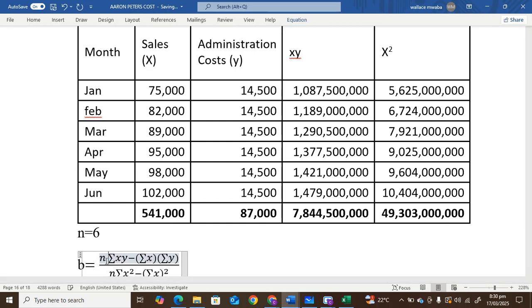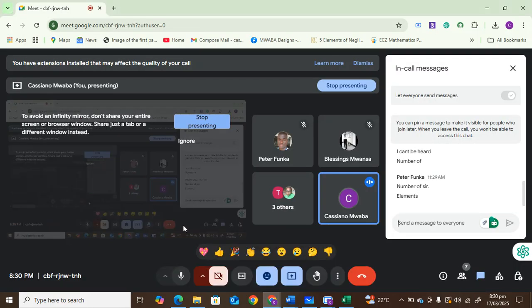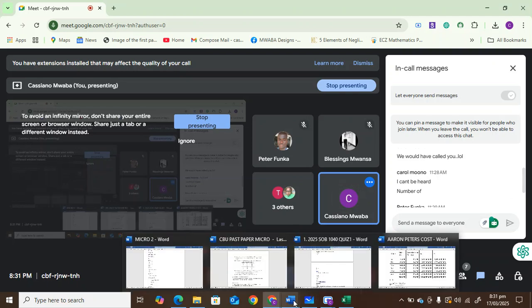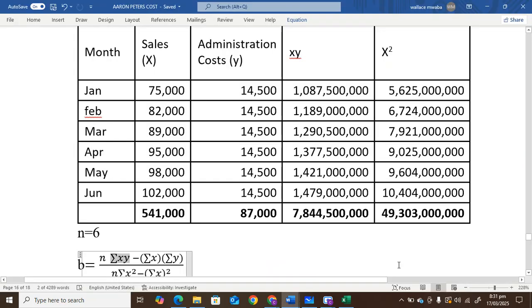Here is where we switch from English to Greek. Colleagues, what does sigma xy mean? Now we've started speaking Greek. Welcome to Greek lessons. Madam Tavo, what does sigma xy mean? Madam Blessings? Madam Carol?